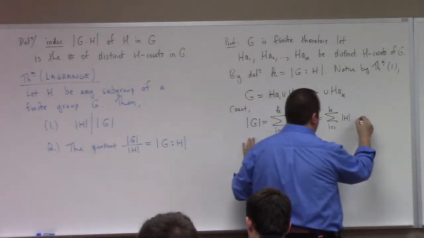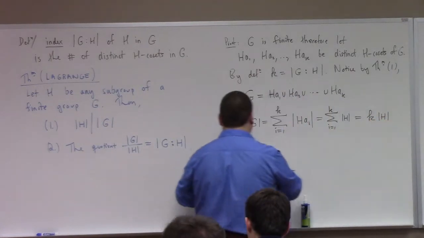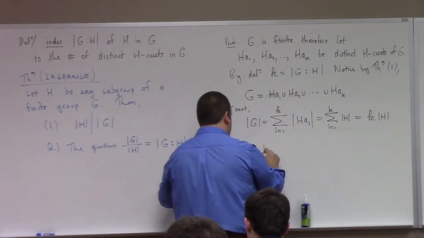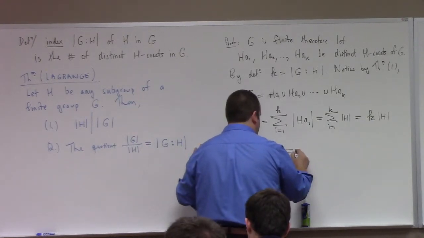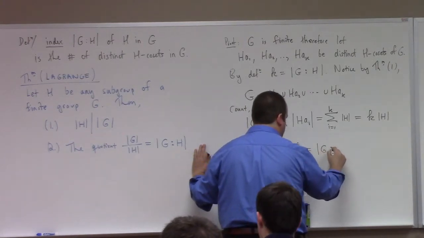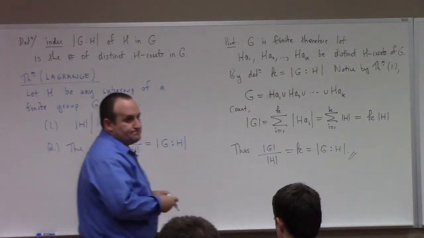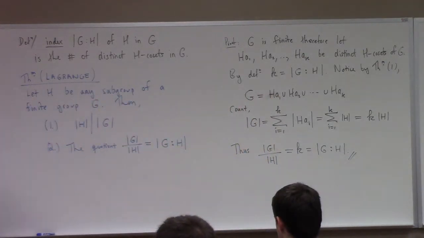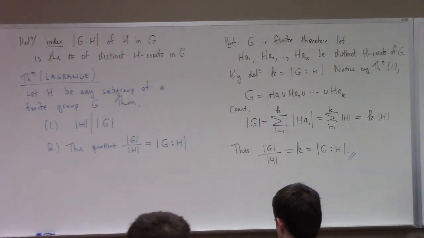That's just k times the order of H. Thus, the order of G divided by the order of H is equal to k, which of course was just the notation I invented for the index for this proof. And there you go. That's Lagrange's theorem. We had this result before for cyclic groups, but now we have it for finite groups.